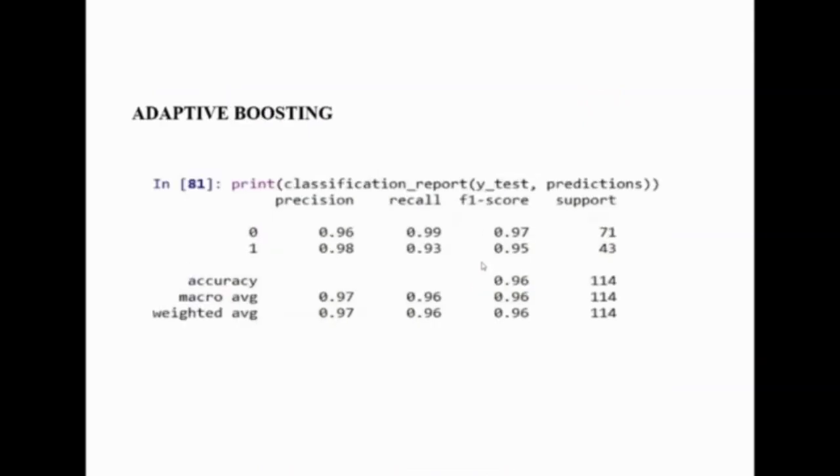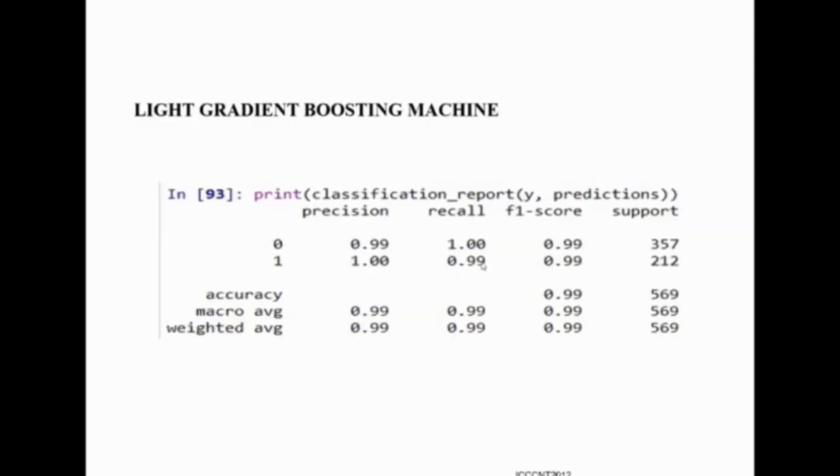And this is the output which we have got. And adaptive boosting. Compared to the three algorithms, we got the highest accuracy in the LightGBM classifier, and here we can see the accuracy level is 0.99. Next slide.